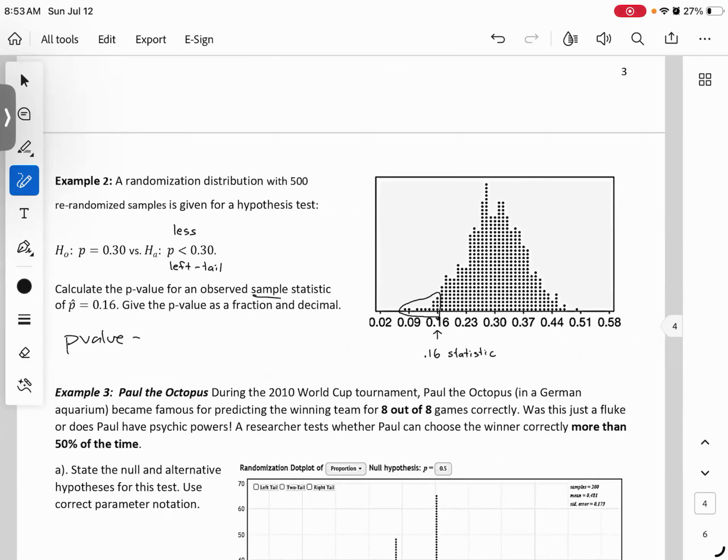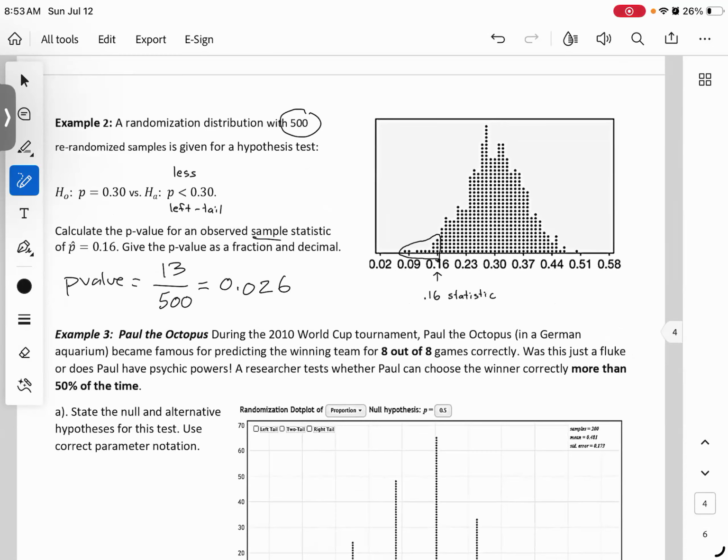You put that the p-value is equal to 13, and then they will tell you how many total dots were re-randomized, and that was 500. And then you would divide it to get your p-value as a decimal. You would get 0.026.